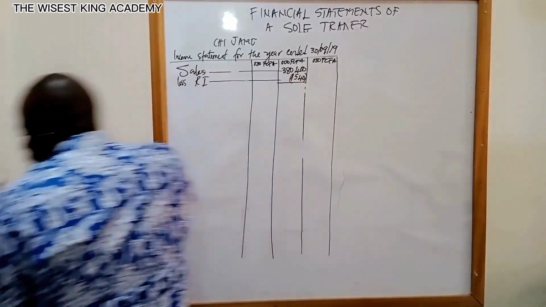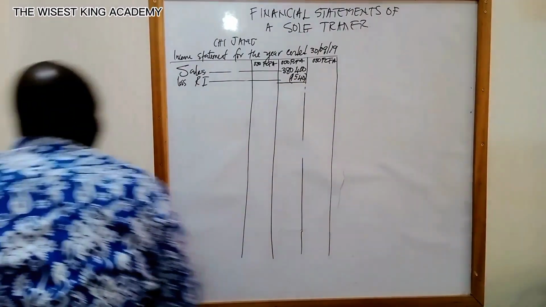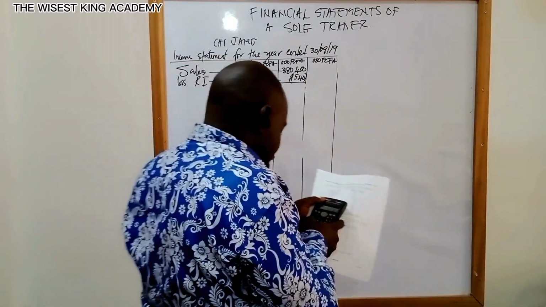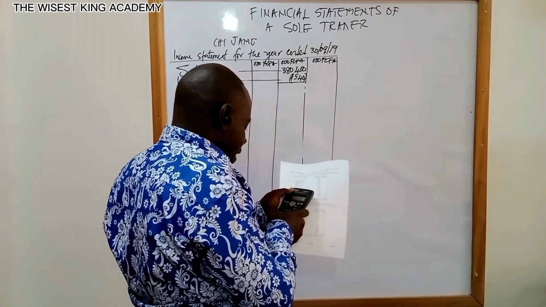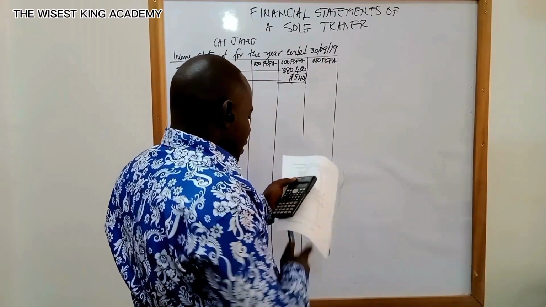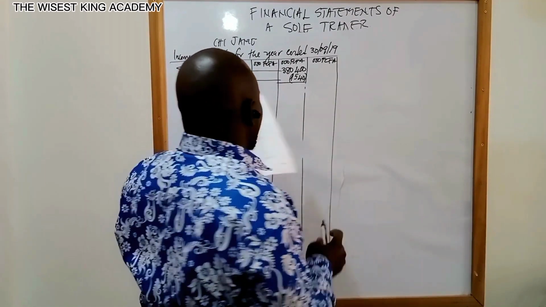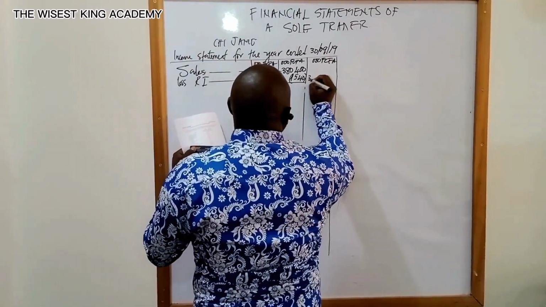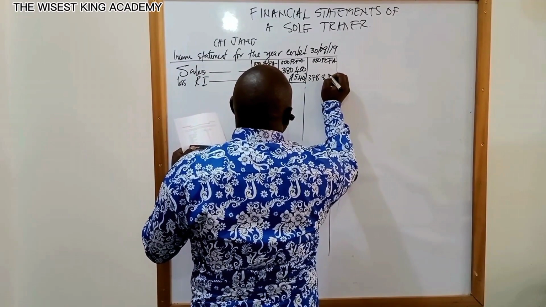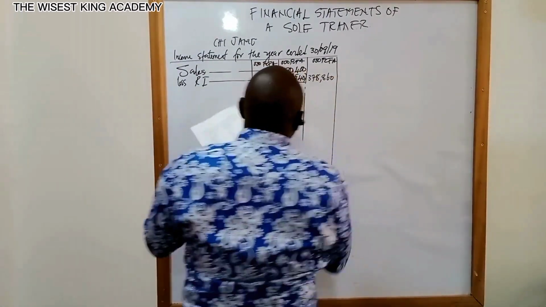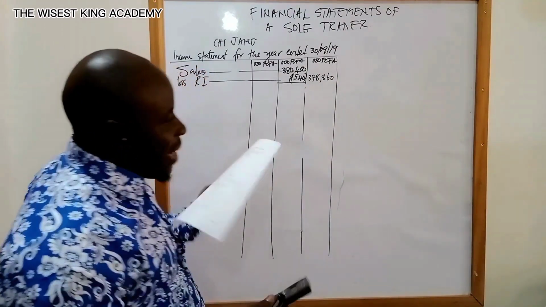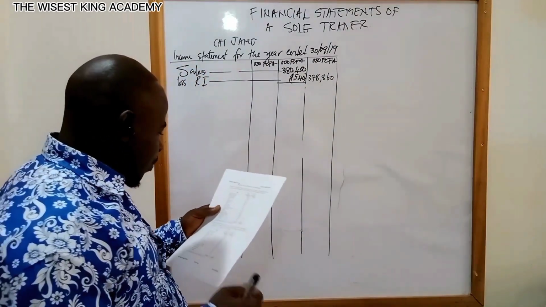Let me get the calculator. 380,400 minus 1,540 is 378,860. So that is our net sales.